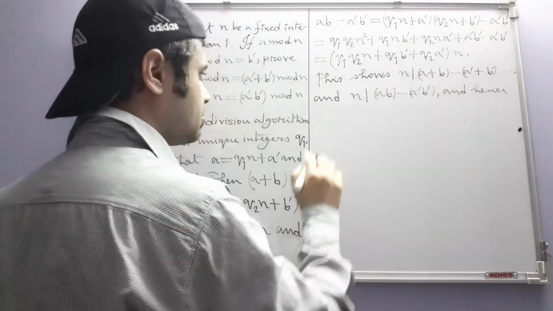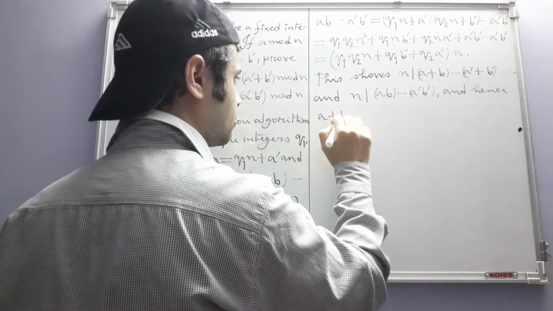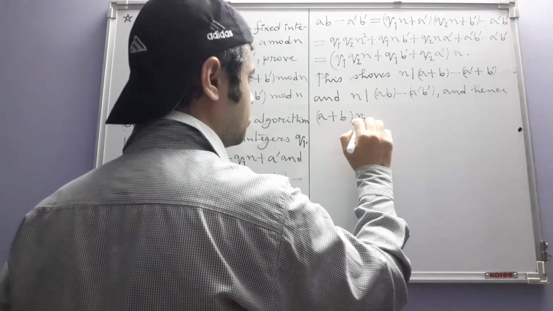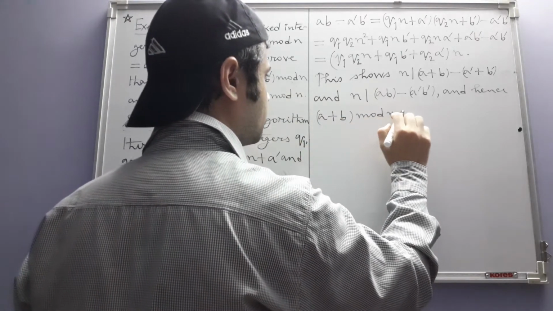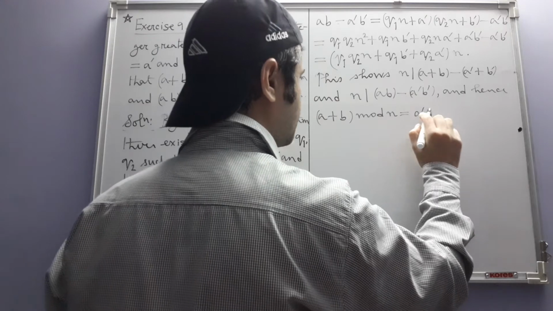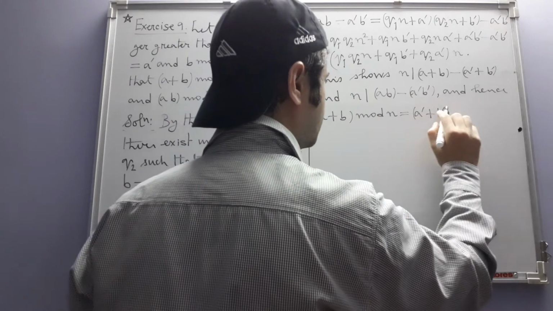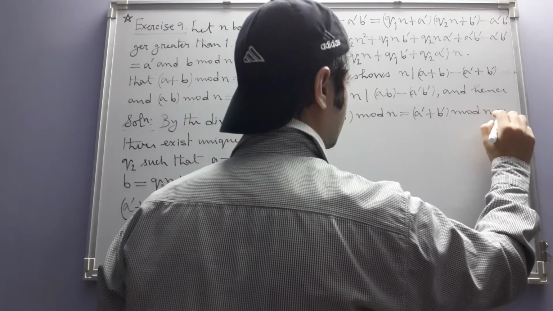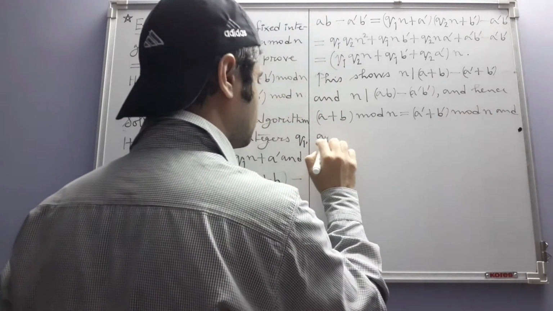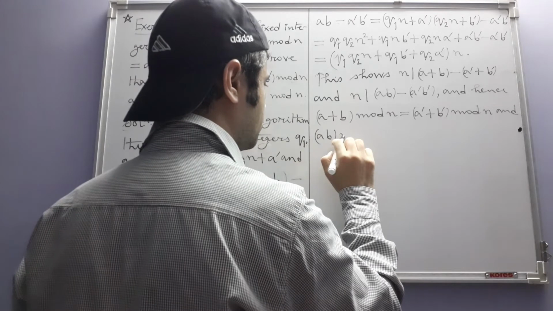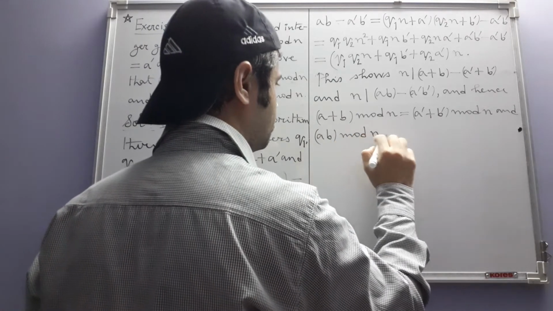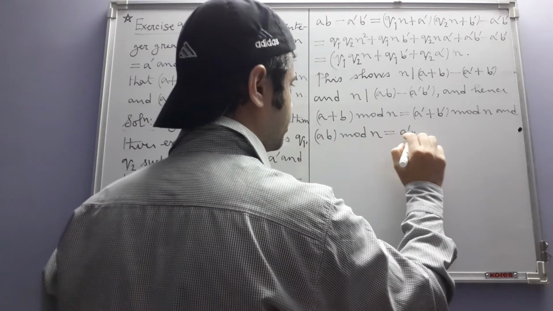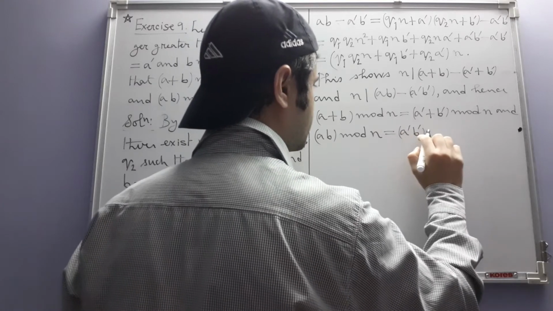And hence a plus b mod n equals a prime plus b prime mod n, and ab mod n equals a prime b prime mod n.